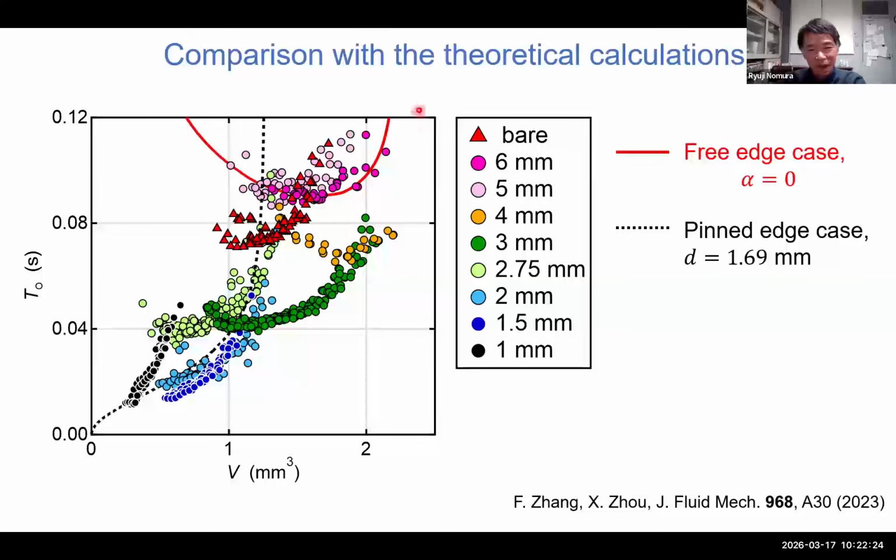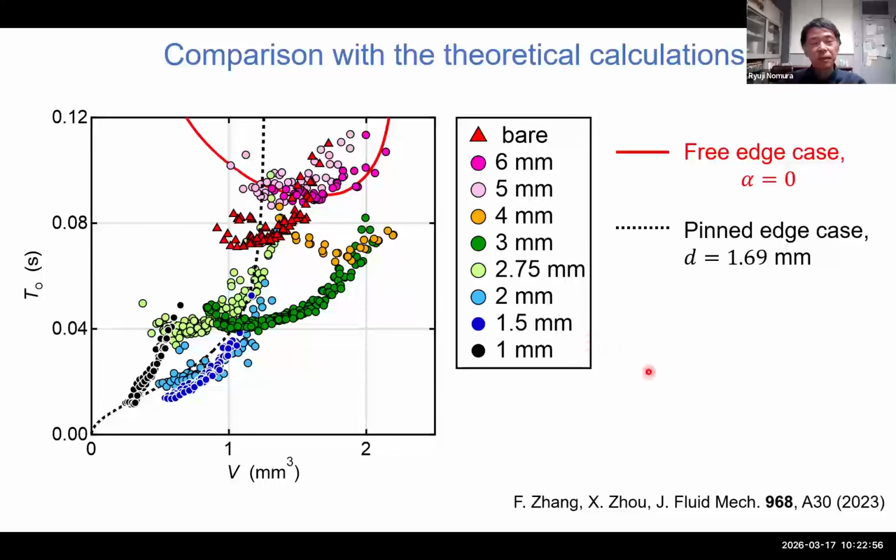Because at large volume, we have a divergence in the oscillation period due to the disappearance of the restoring force. And we have the same situation at small volume. And in between, you should have a minimum. And around the minimum, it should show a weak volume dependence. And the agreement with our observation for the wide cylinder is reasonably good.